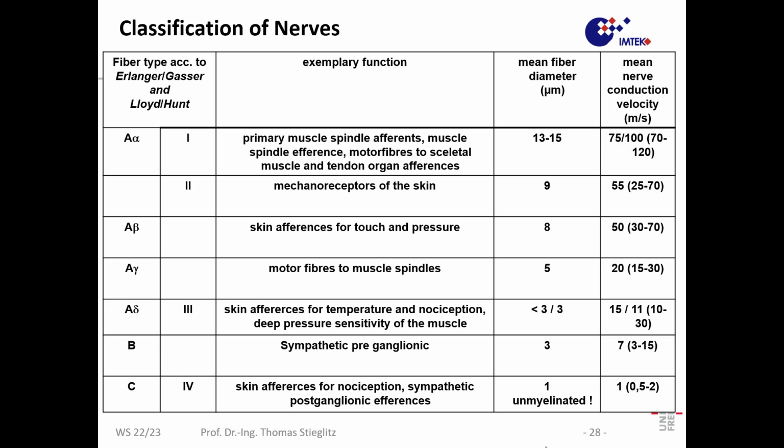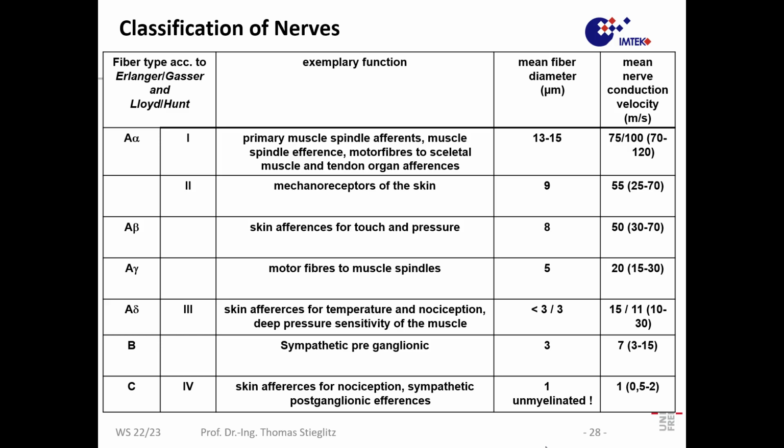Therefore, it's good to know that there are certain classification rules in clinical practice on which one could rely. So, we have here two classification schemes. One is from Erlanger and Gasser. This is for sensory nerve fibers. And Hoyt and Lloyd and Hunt did the same for motor nerve fibers.